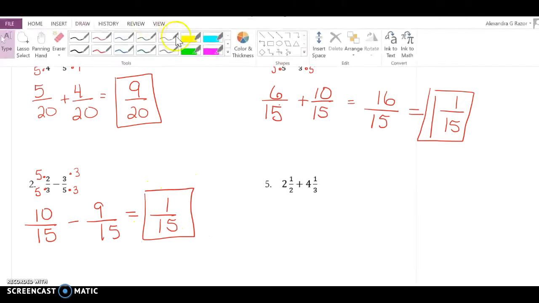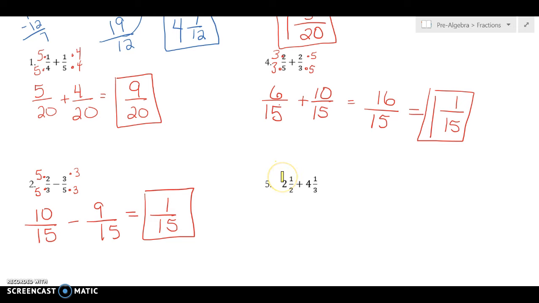All right, for number 5, remember I like to kind of ignore the whole numbers until the end. And so now I need to make my common denominator. 2 and 3. Well, remember, you can multiply them and get 6, so my common denominator is 6. I multiplied 2 by 3, so I have to multiply the top by 3.